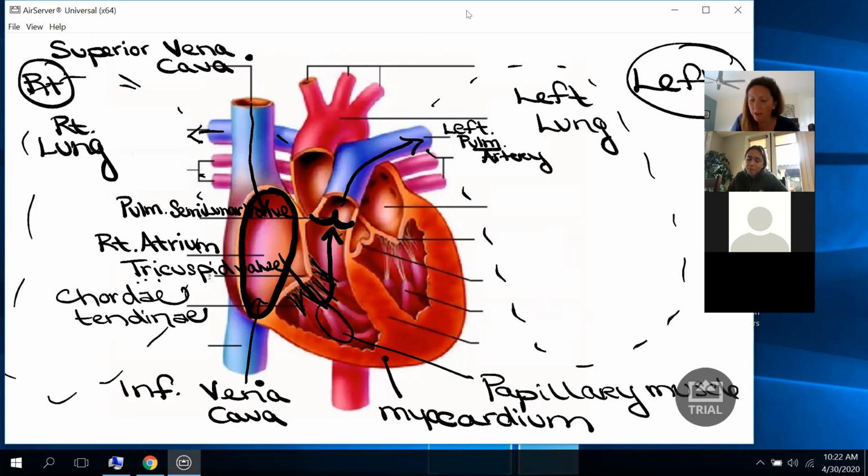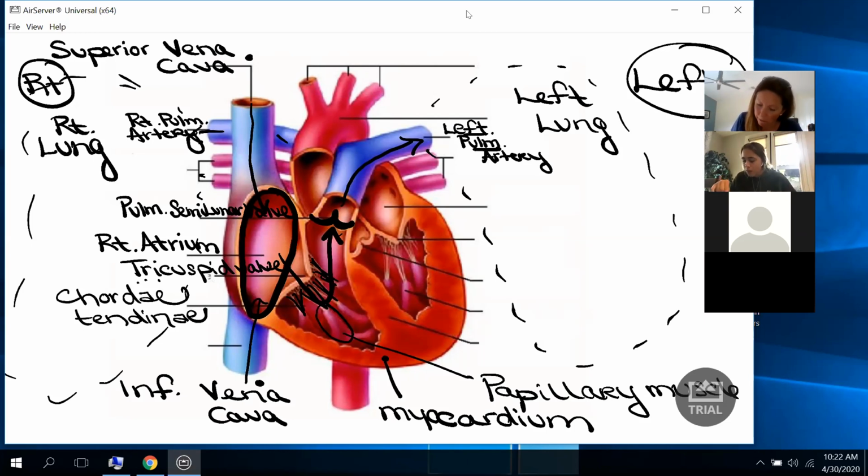It's pulmonary because we're going to the lung and it's the left side. And then over on the right here, we have the right pulmonary artery. And I'm just going to abbreviate for sake of time, okay? At this point, the blood goes to the lungs. Oxygen and hemoglobin rather bind together and picks up oxygen to come back to the heart.